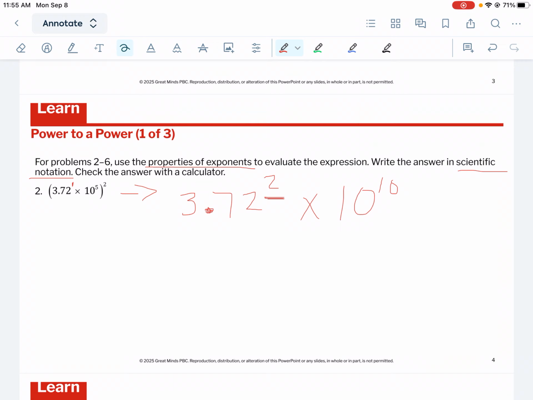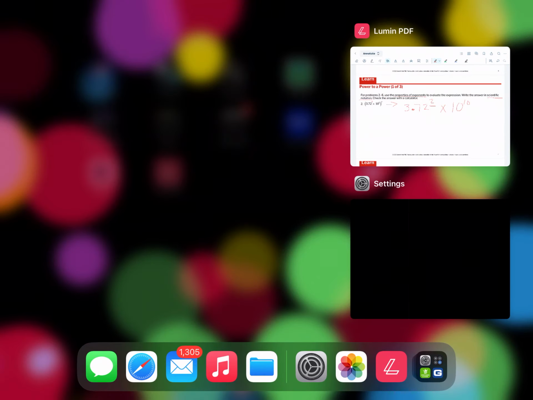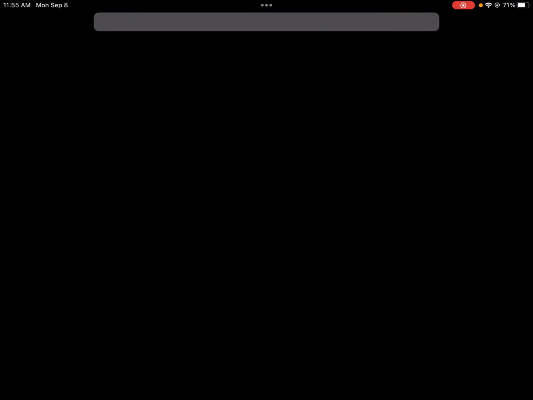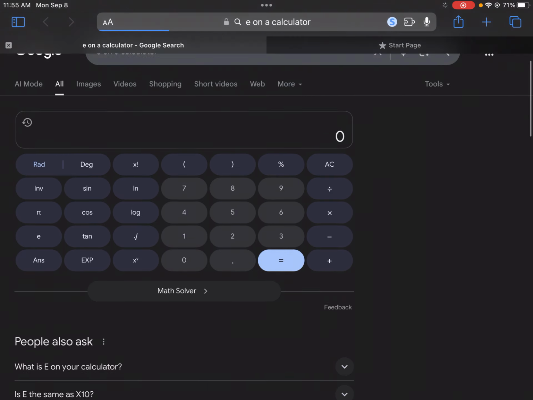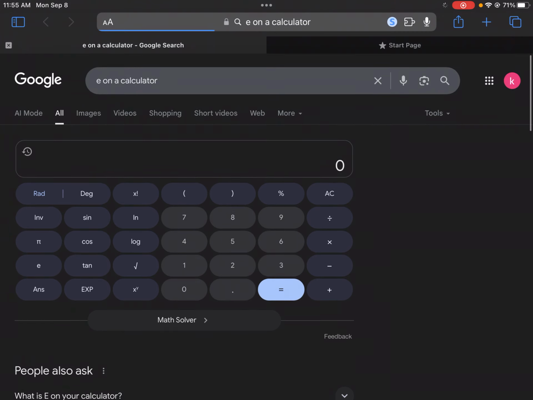All right. This is what it looks like in a calculator. Here we go. Just for the sake of viewing, I'm going to write the whole original problem.